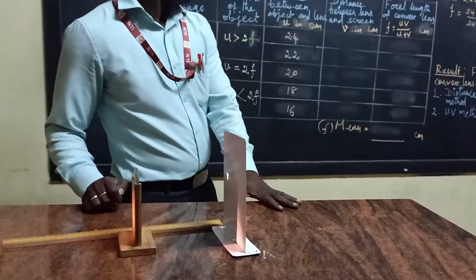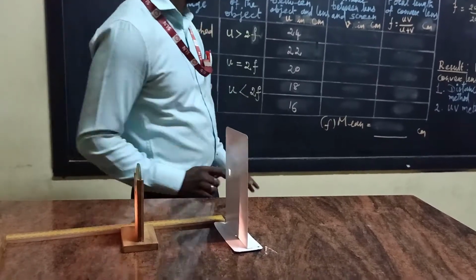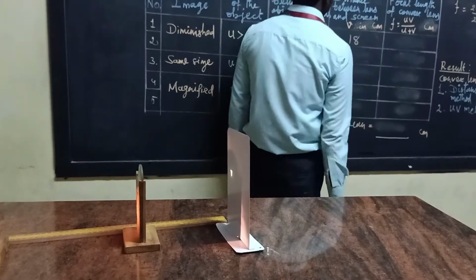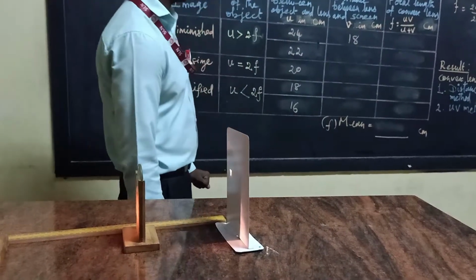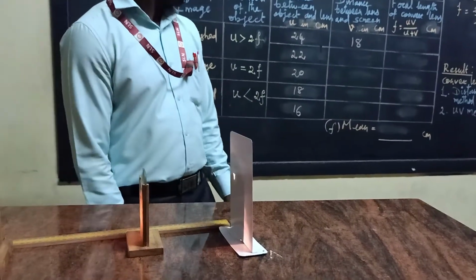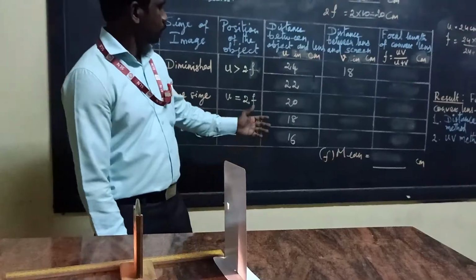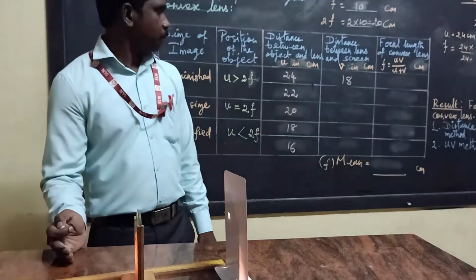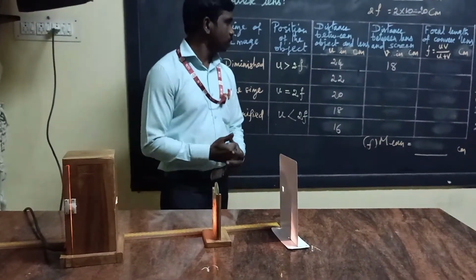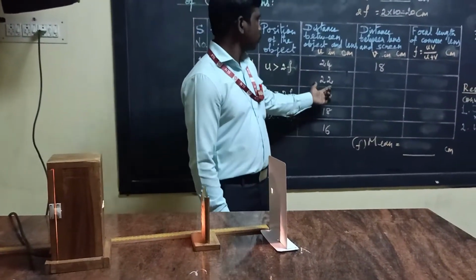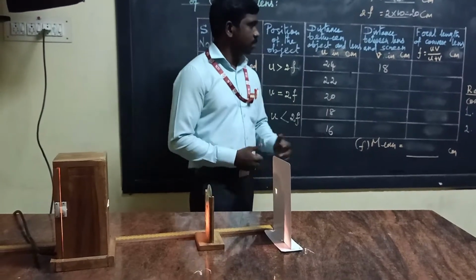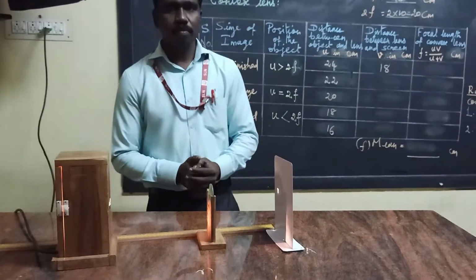Now we write the value of V in the given tabular column: 18 centimeter. Simultaneously we adjust the distance between lens and screen, and the distance between lens and object is 22 centimeter. From this data we know the V value.